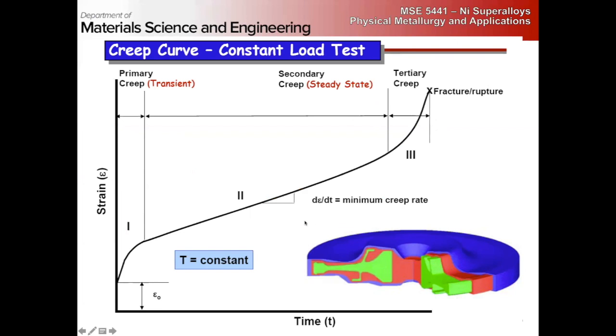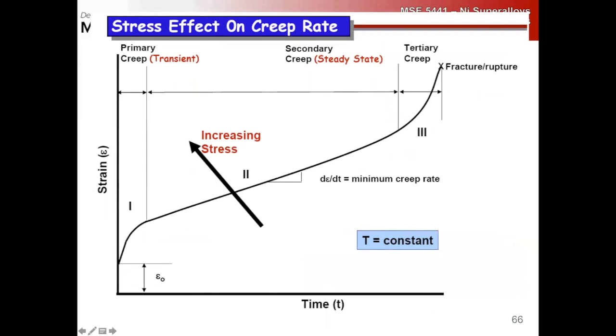So if we keep temperature constant and we increase the stress, we're going to move the curve in this direction. And often for superalloys, this region of secondary creep is quite small.